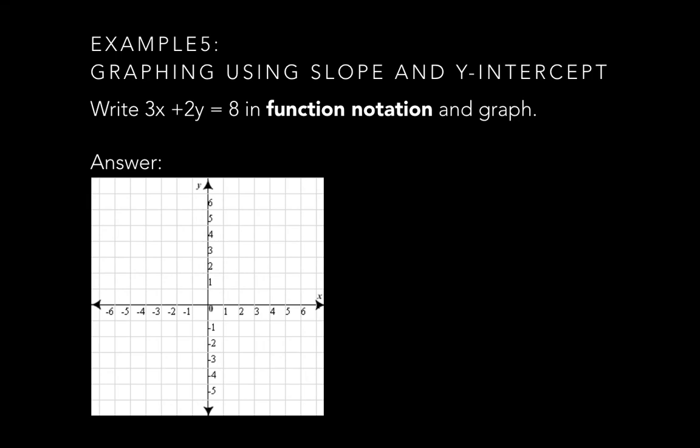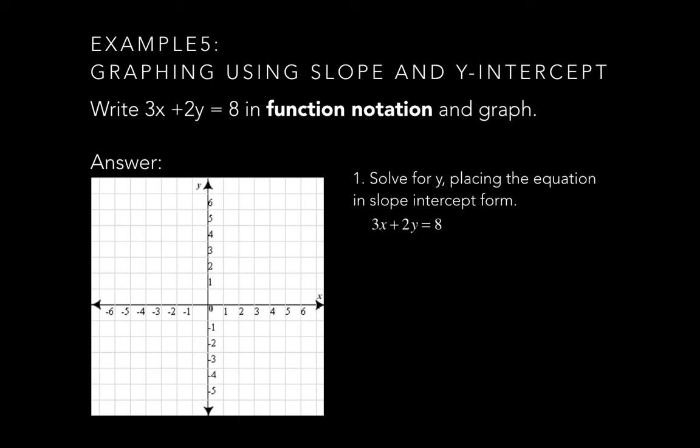So here we are. We have an equation in standard form, but we're going to do a little bit of algebra and solve for our y. To do that, you would first want to move the x term over because we're trying to get y by itself.